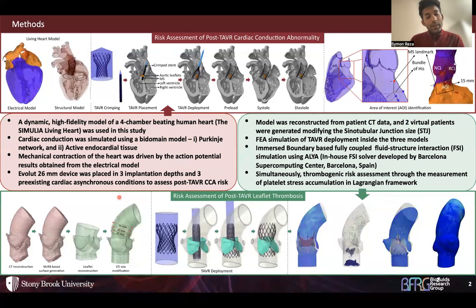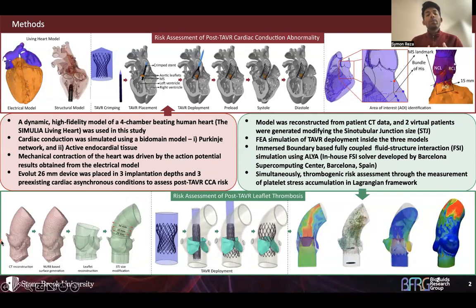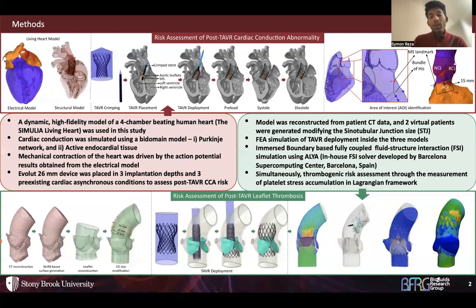From this bottom left figure, you can see that we did patient-specific model reconstruction, and then we used virtual patient modeling techniques to come up with virtual patients with varying sinotubular junction size, which covers the spectrum of sinotubular junction sizes, so that we can understand the effect of the size of the sinotubular junction on TAVR leaflet thrombosis.